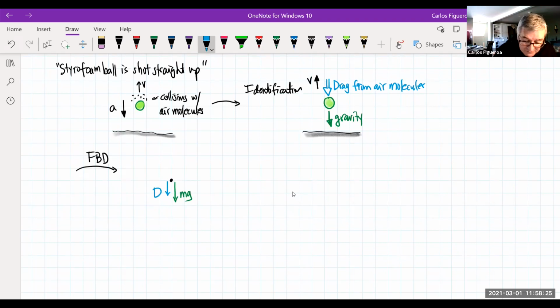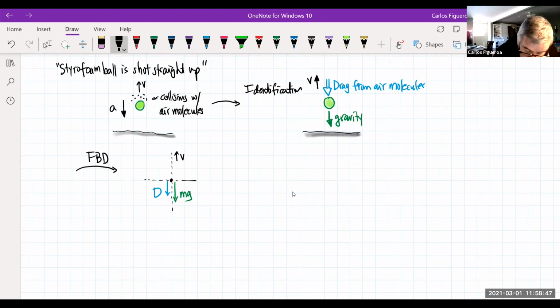Are there any other forces? The answer is no. Then I set up a coordinate system, picking its motion to be along one of the axes, which lines up most of the vectors in that direction.